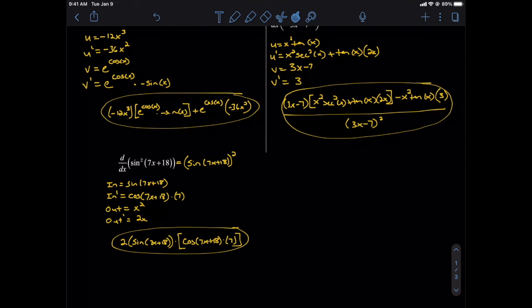In each of these cases, that meant that you understood that what you started with was either a product, quotient, or chain rule, and then you had to identify going along that there was another product, quotient, or chain rule embedded within it. And once you figured that information out, it was a simple matter of figuring out what u prime, v prime, or in prime, out, and out prime were, and then implementing the correct rules when you needed to use them.